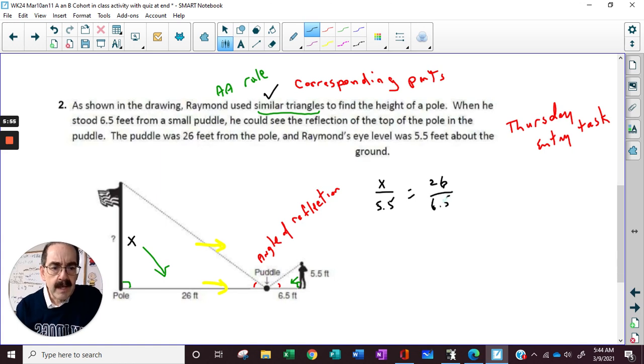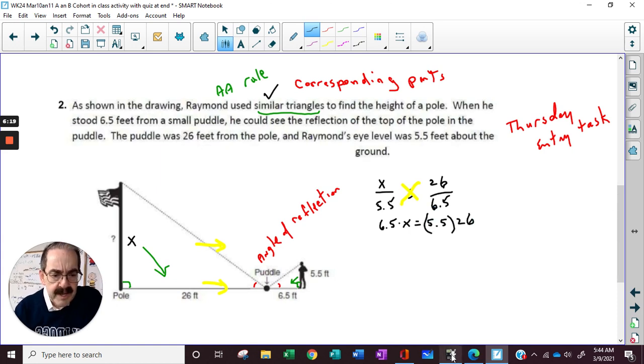Whether you're using Photomath or the new app, Mathly, cross multiply. Ding, ding. And what do we get? 6.5 times x is equal to 5.5 times 26.